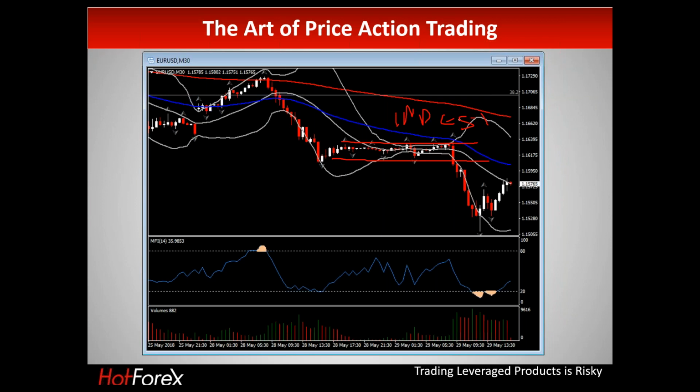Without a lot of hassle, I'll just track a resistance on the high levels and a support on the low level, or on the lower fractal, if you prefer to use fractals. So this is without any kind of technical analysis.